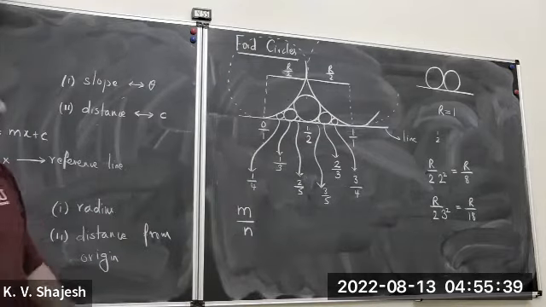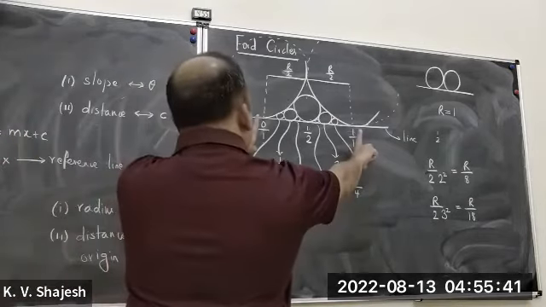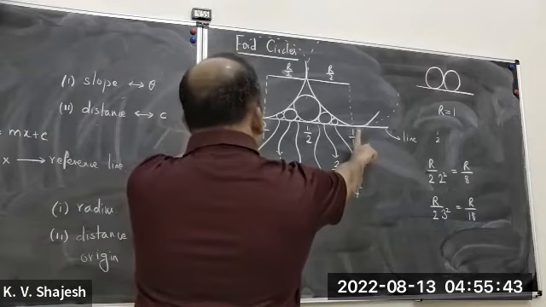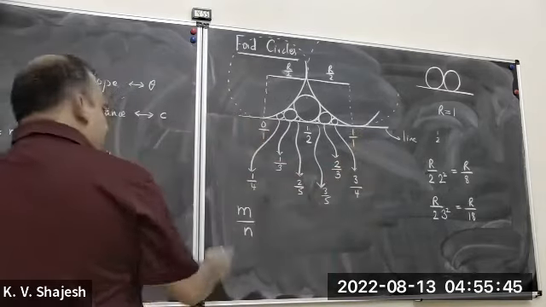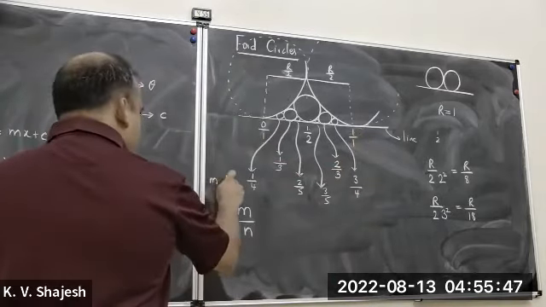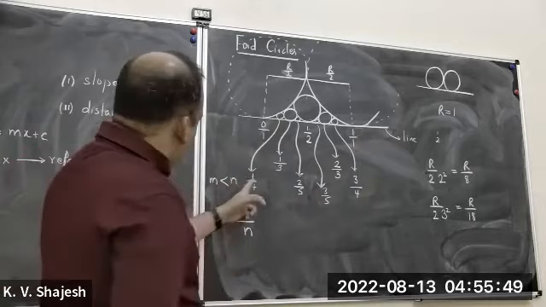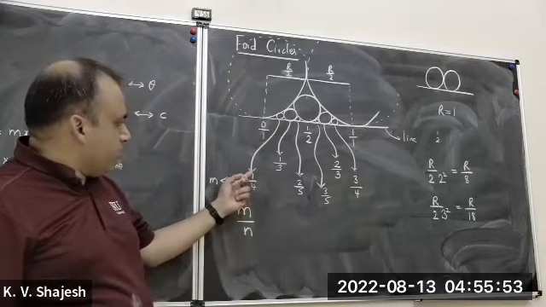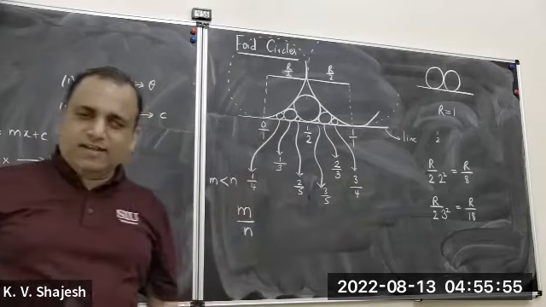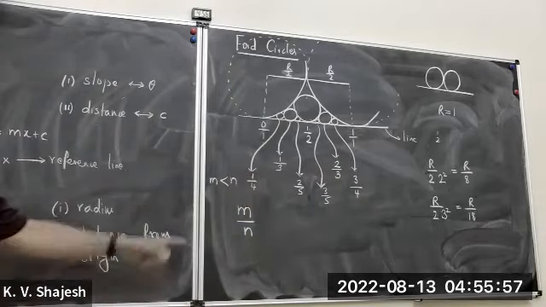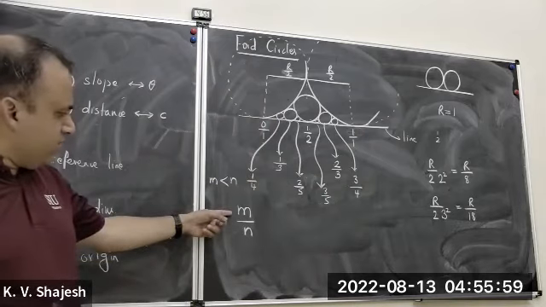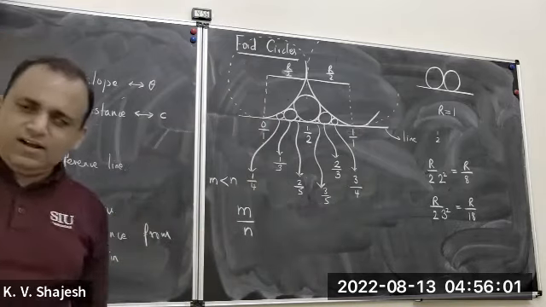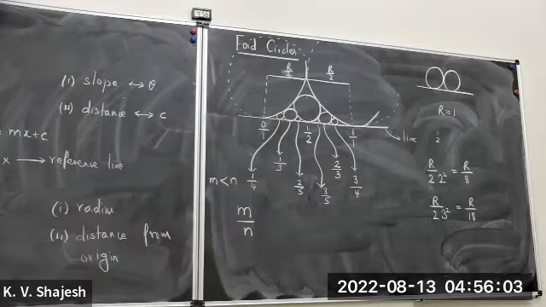But now since I'm restricting my circles to be between 0 and 1, let me say that m has to be less than n. So notice that they're all less than 1, right? 1 by 4. So that number on the numerator is always less than the number on the denominator. And this represents the numerator, and that's the denominator. So that's two numbers.